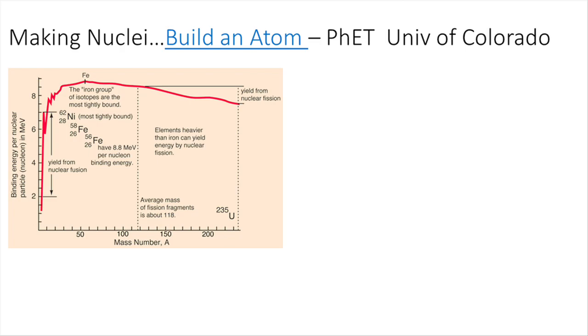The sun, on the other hand, is putting stuff together. It goes basically from 1 to 2, and this is how much energy it gets by building a helium nucleus out of protons. And so it gets a whole lot more energy per nucleon out of the fusion that's in the sun.